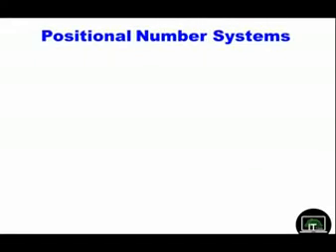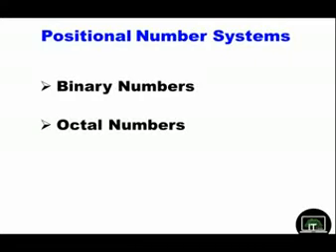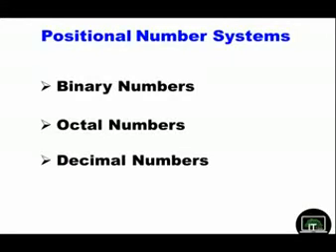If you look at positional number systems, we may discuss four different number systems. First, binary numbers, which use 2 digits. Then octal numbers, which use 8 different symbols. Third, decimal numbers, which use 10 different symbols.